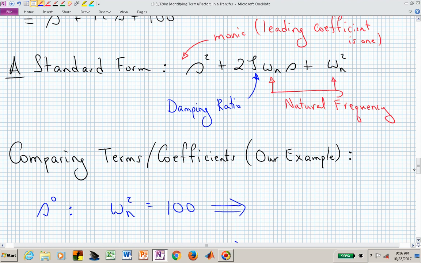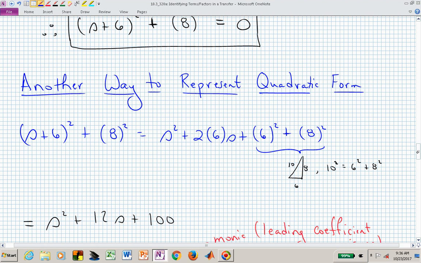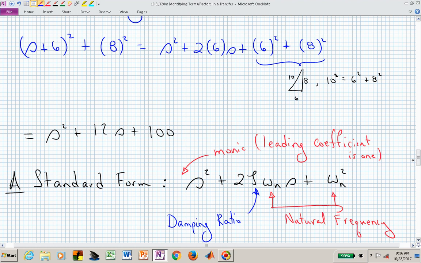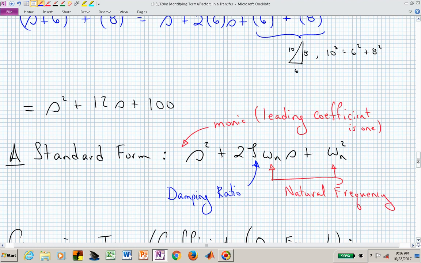So now if we compare the terms or coefficients between our example, which was s squared plus 12s plus 100, with this standard form of s squared plus 2 zeta omega sub n s plus omega sub n squared, we can now identify the natural frequency and the damping ratio for our particular example.